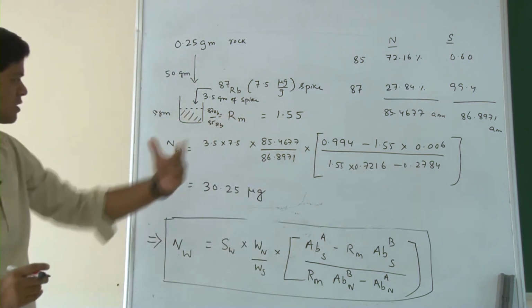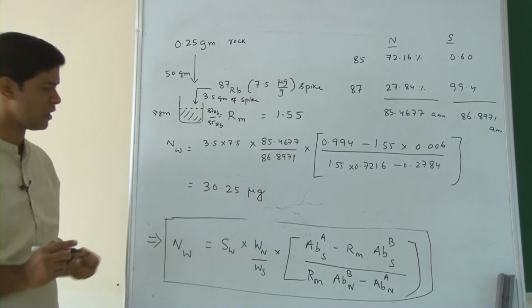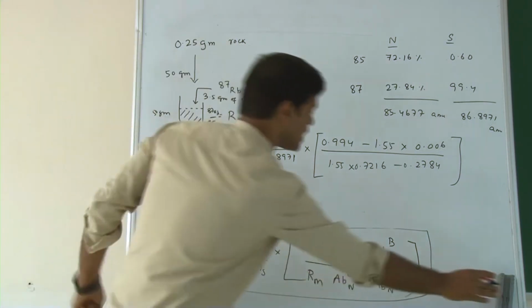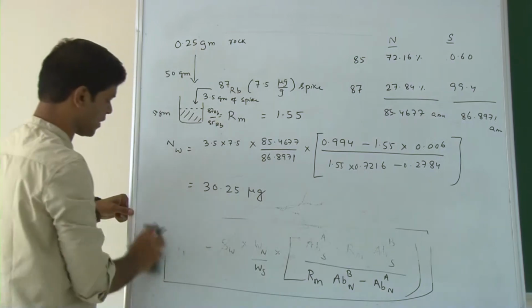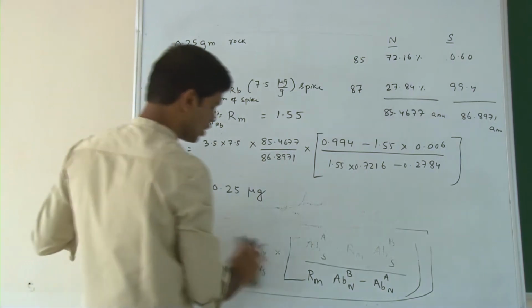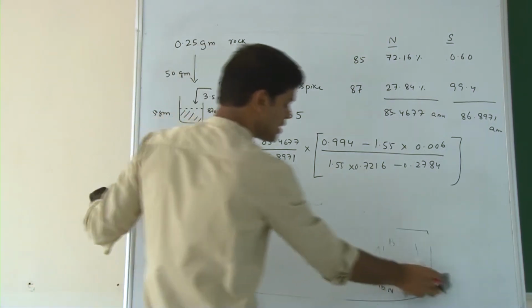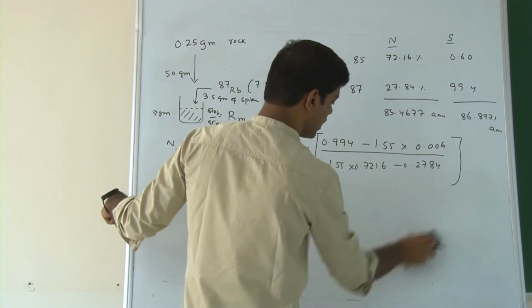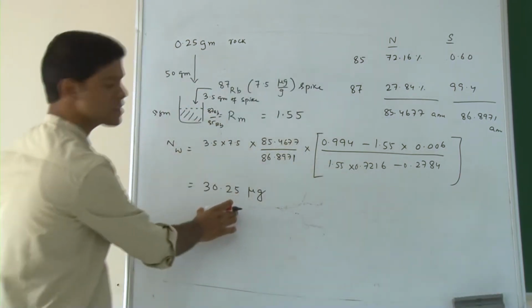Okay. If you solve this, you will get some term like 30.25 gram. Now, this is the amount of sample that is there in the solution, but the solution is 50 gram. So, in the 50 gram you have this much of it.